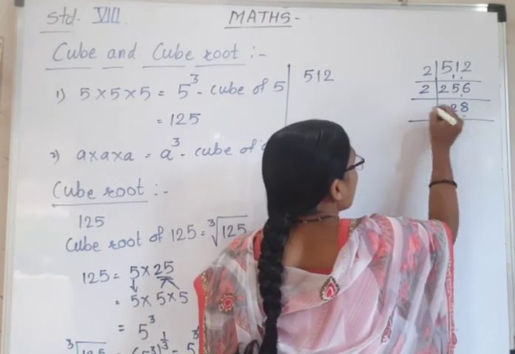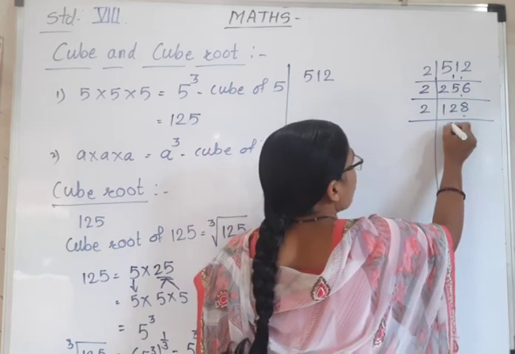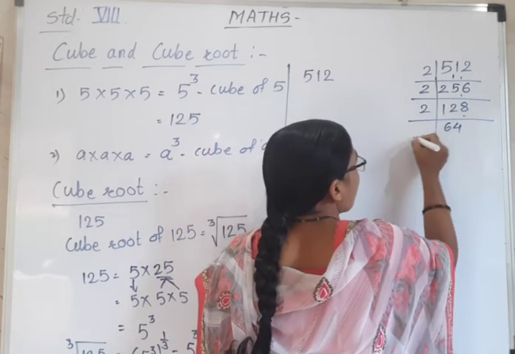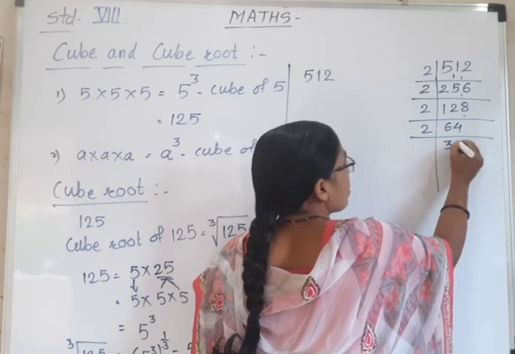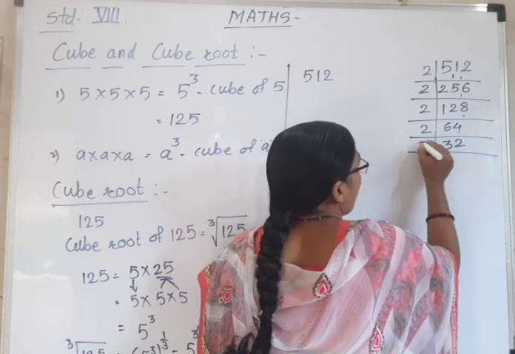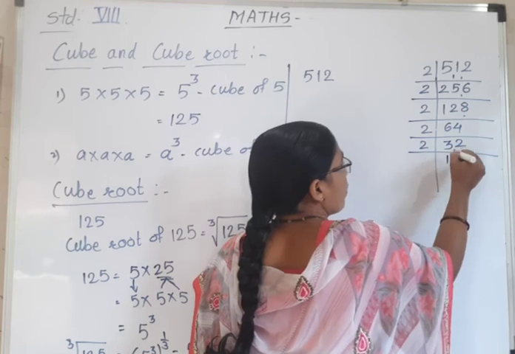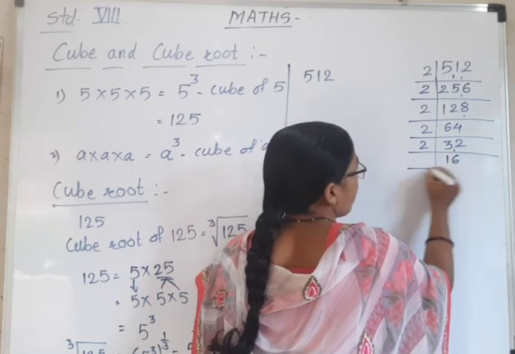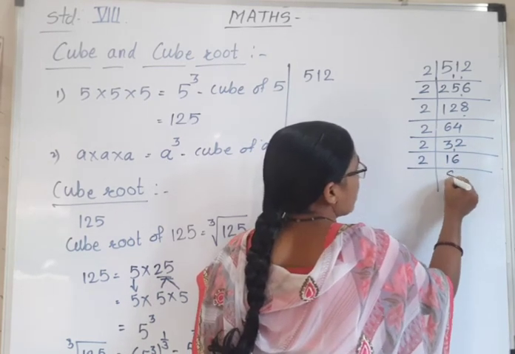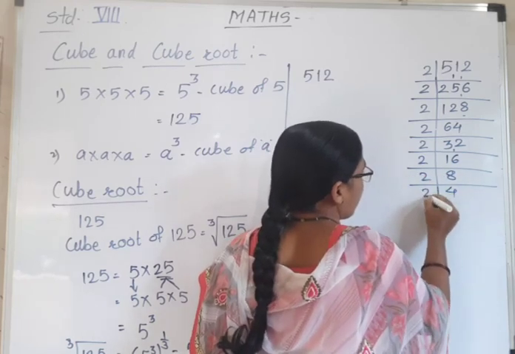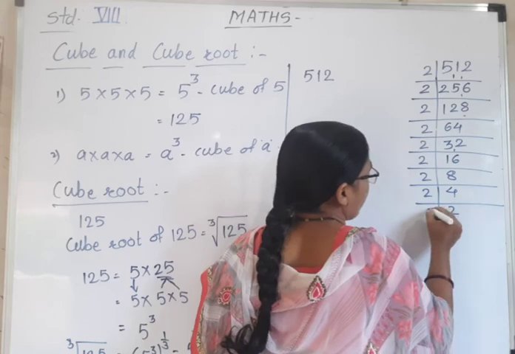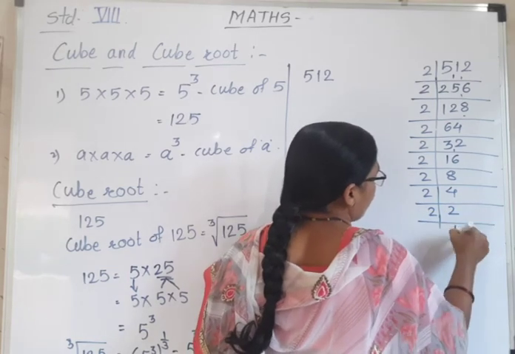Again 8 is here, it is divisible by 2. 2 6s are 12, 2 4s are 8. Again it is divisible by 2. 2 3s are 6, 2 2s are 4. 2 1s are 2, 1 left here, 2 6s are 12, then 2 8s are 16, 2 4s are 8, 2 2s are 4, and here 2 1s are 2, then 1.